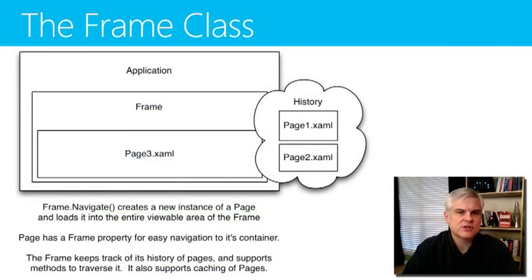So this diagram should help. So as you can see, a page sits inside of an idea called a frame, and this frame is an object that represents the viewable area of our application. The application loads pages into and out of the frame. The frame allows for pages to be swapped in and out and allows you to navigate between pages, and then it also keeps a history of which pages you've already navigated through.